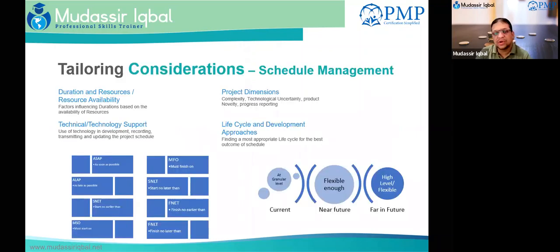We talked about the progressive elaboration or rolling wave plan, where we will go into the granular level detail when it comes to the current activity. Then we talked about the near future details, which are flexible enough because we are still waiting for some more information, and something which is far in future, more than 6 months, more than 9 months. We do not want to get involved in it right now, which does not at all mean that we do not have control over it or do not know what it requires to do the job.